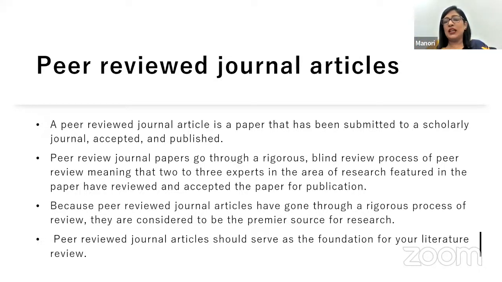So there is a process, and the process takes a long time, and that is why it is the most reliable. You can get the most reliable data and information from that journal article. And if you are to start the literature review, peer-reviewed journal articles should serve as the foundation for your literature review.